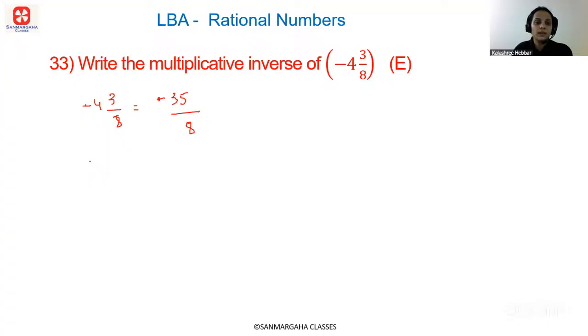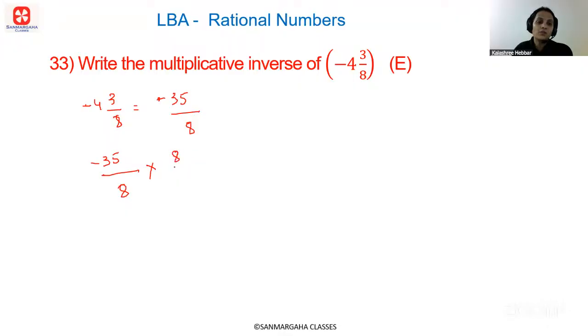Okay, so the multiplicative inverse of a number is a number that, when multiplied, gives the answer 1. For example, you have minus 35 divided by 8. To get the answer as 1, what should you do?